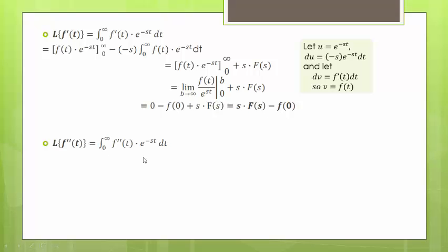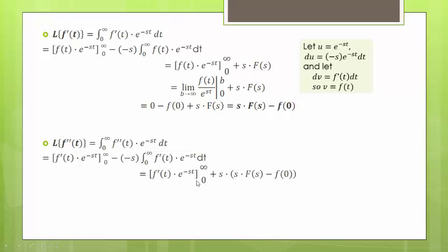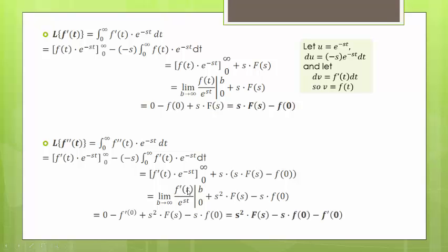I'm going to do this again for the second derivative. So I use integration by parts again. You'll notice here I have a Laplace transform of f prime, which I've already worked up above. On this left side, we are going to go ahead and evaluate that. Now again, because f prime does not grow as fast as the exponential, when I evaluate this, I'll have f prime of b over e to the sb.